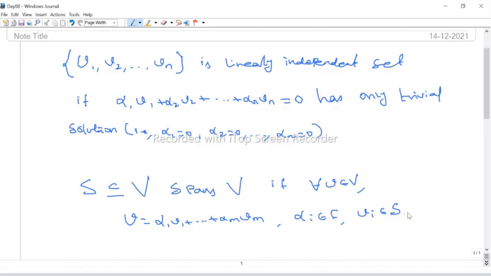So any element of V can be written as a linear combination of elements of S, then we say S spans V.